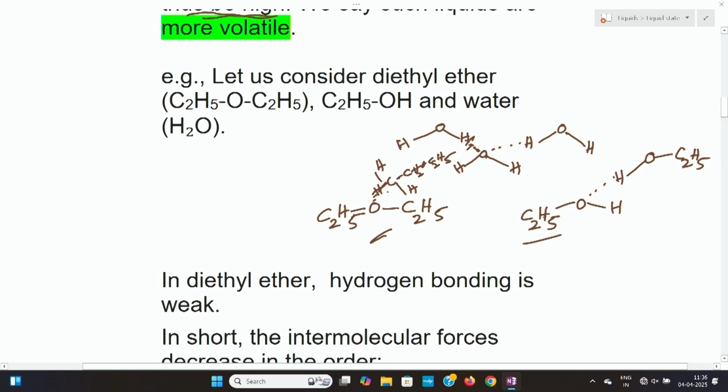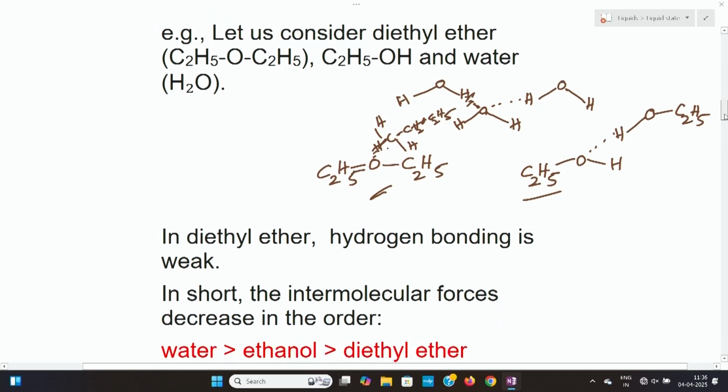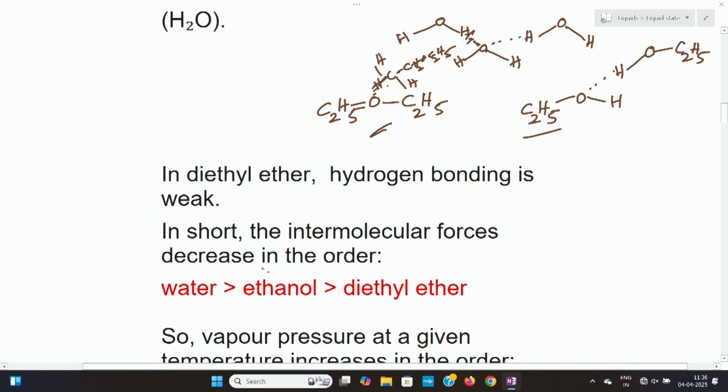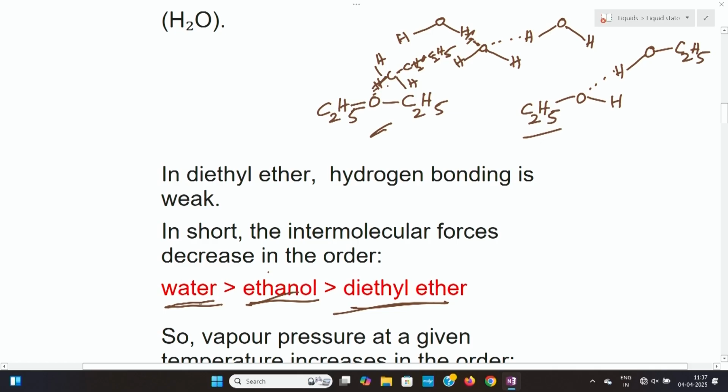Therefore, in the order of intermolecular forces, water has strong intermolecular forces, then ethanol, then diethyl ether. If water has strong intermolecular forces, what can we think about that?